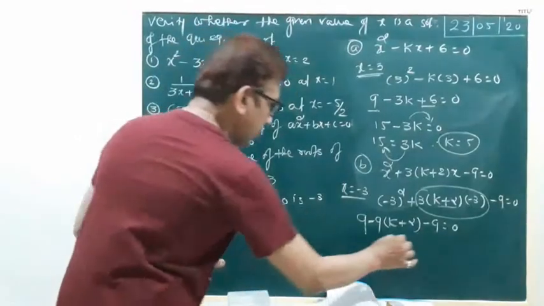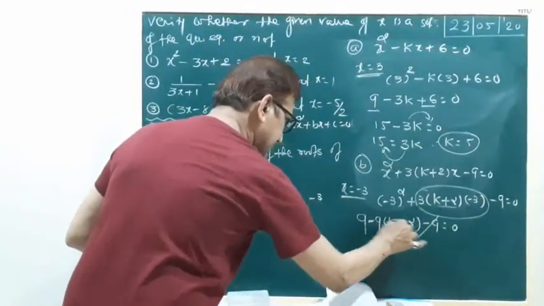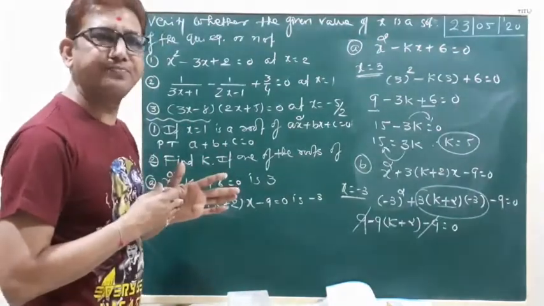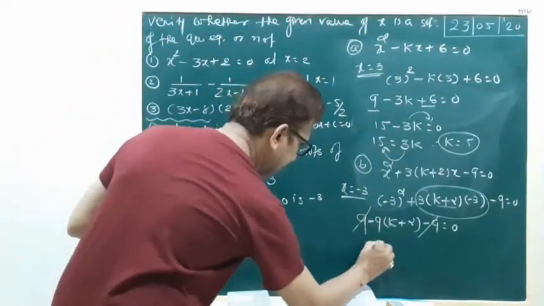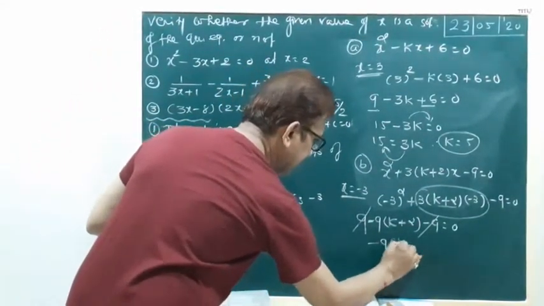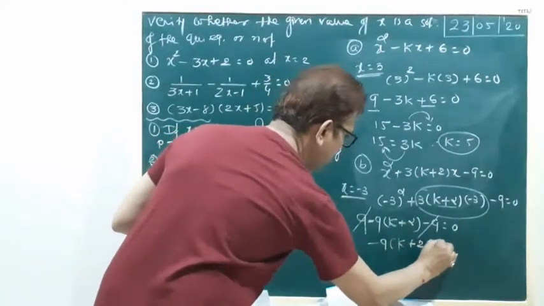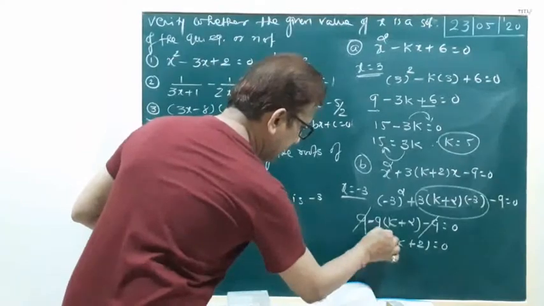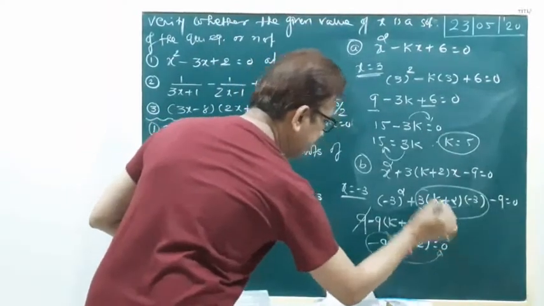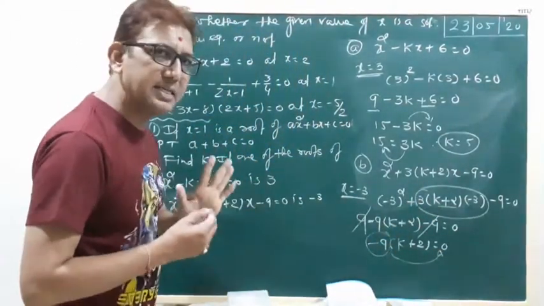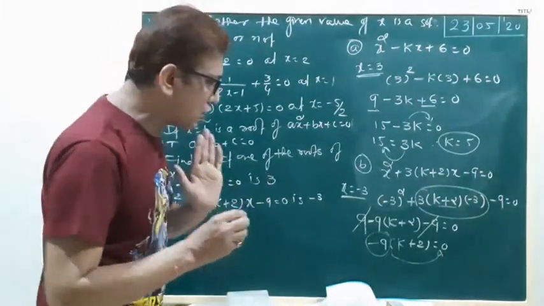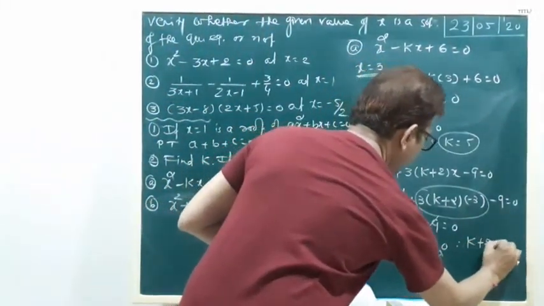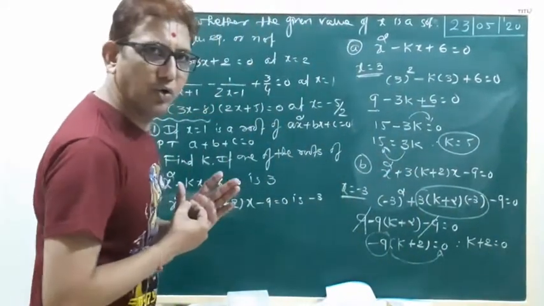Clear? Okay. Minus 9 plus 9 cancel. So the remaining term is minus 9 into (k plus 2) equal to 0. Now minus 9 is in multiplication form, so on the right side 0 divided by minus 9, answer 0. Therefore k plus 2 equal to 0.